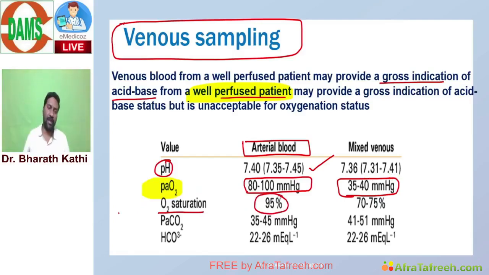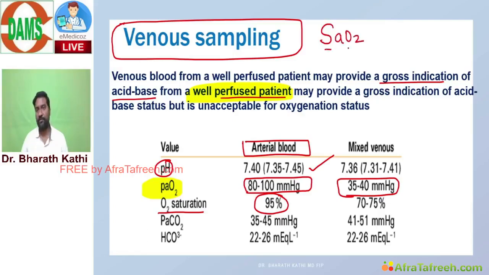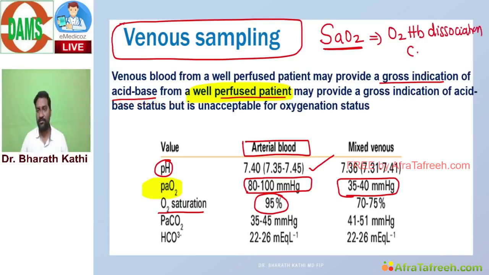This is called SaO2, saturation of oxygen in the artery. It is calculated generally by the oxygen hemoglobin dissociation curve. If it is a venous sample, oxygen will be in the range of 35 to 40. So the SaO2 will be less.